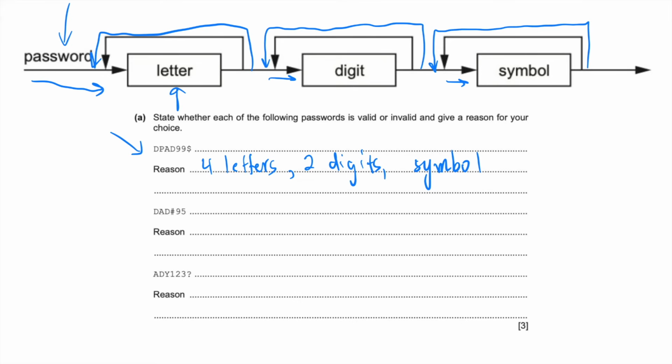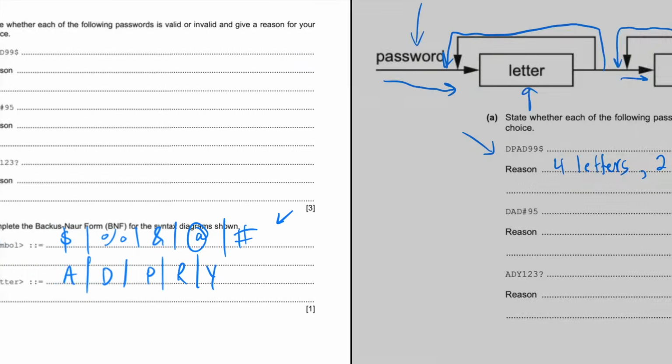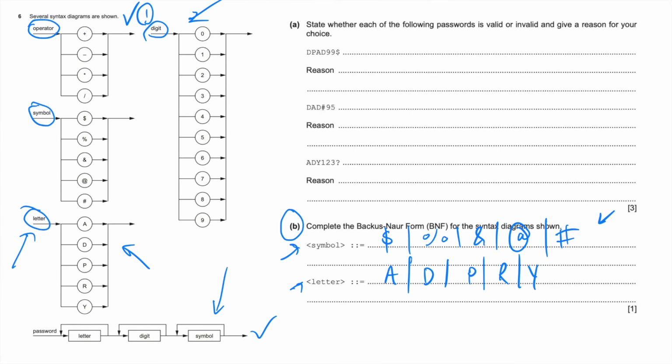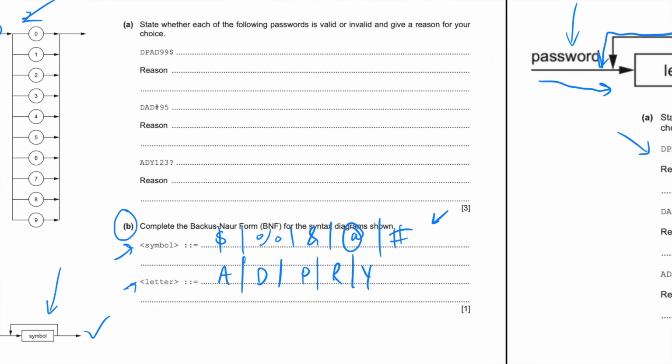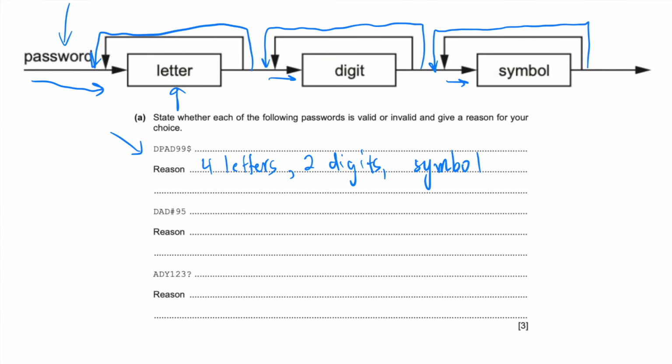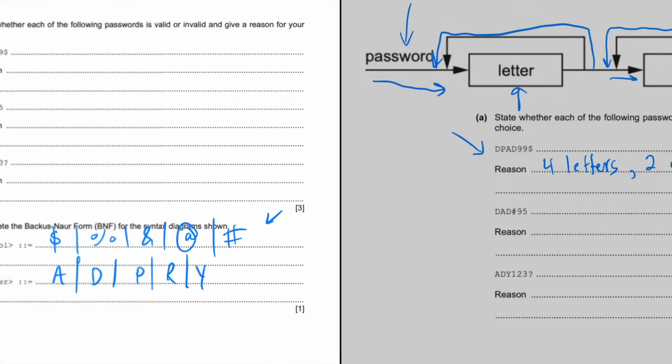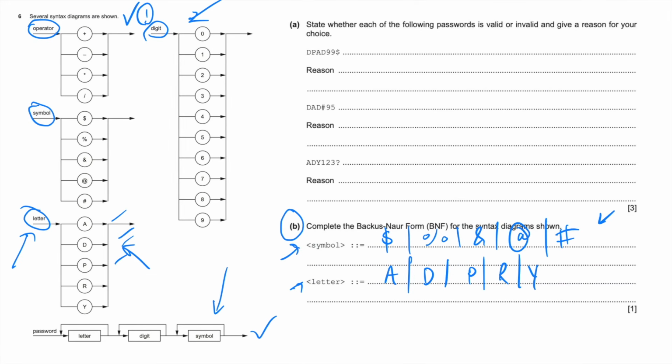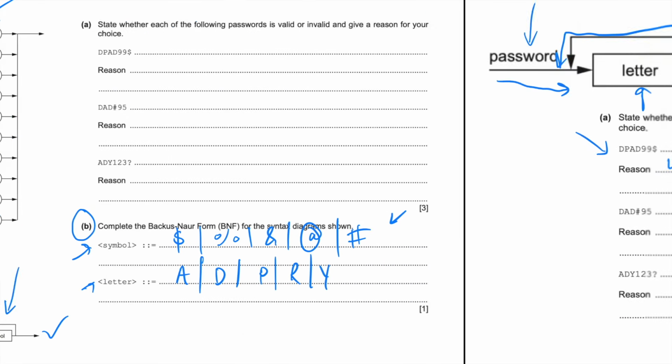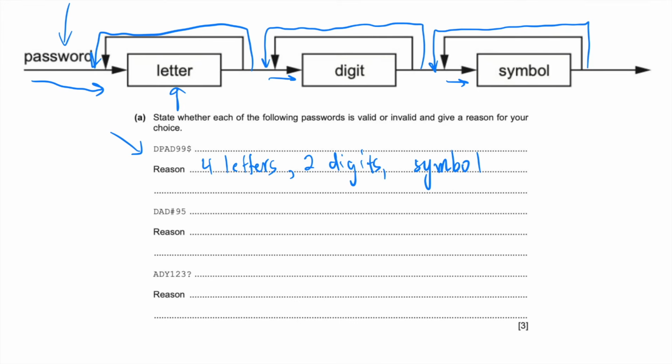Let's make sure that dpad exists. D, P, A, and D are all valid letters. All the digits are valid: 9 and 9 are both digits. And then a symbol: do we have a dollar symbol? Yeah, right here we've got a dollar symbol as part of our syntax diagram. So we not only have our characters in the correct order, but they're also valid according to our syntax diagram.